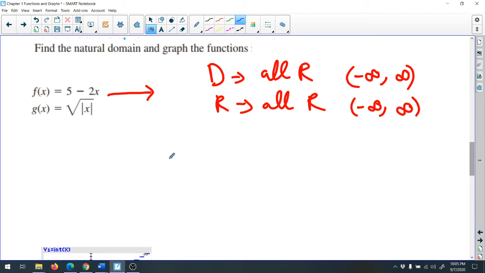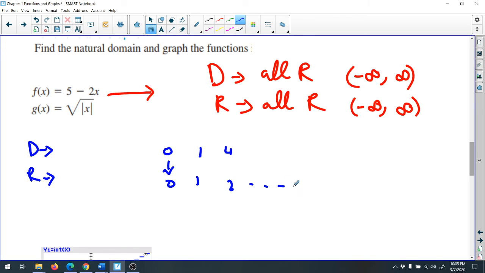If you substitute 0, it will give us 0, no doubt. The absolute value of 0 is 0, and the square root of 0 is 0. If you substitute 1, the absolute value of 1 is 1, the square root of 1 is 1. If you substitute 2, 3, 4, it works. The absolute value of 4 is 4, the square root of 4 is 2.